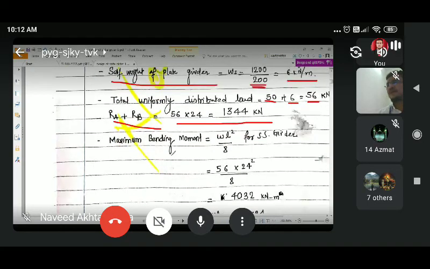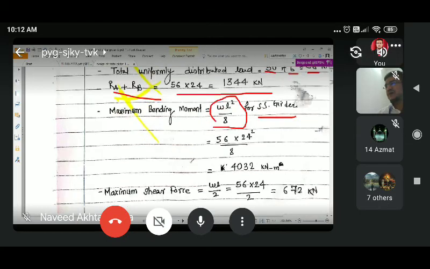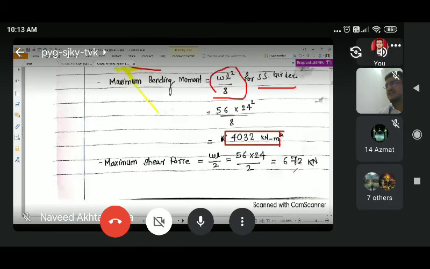And the maximum bending moment for the simply supported case with UDL is nothing but WL square by 8. So the maximum bending moment on your plate girder is 4032 kilonewton meter, and the maximum shear on your plate girder will be around 672 kilonewton.